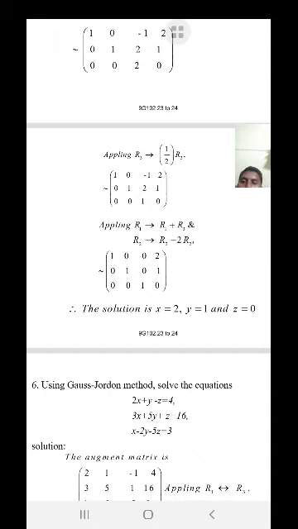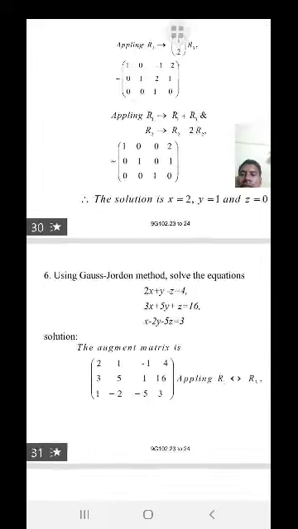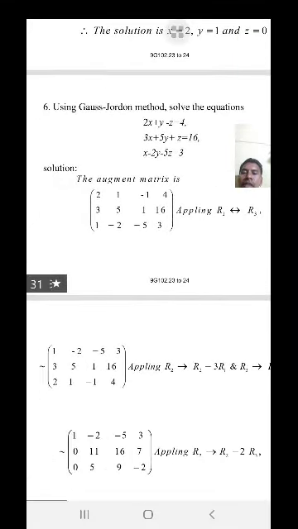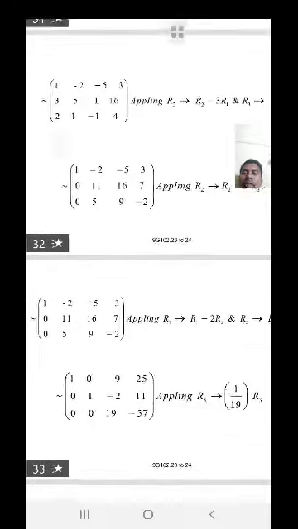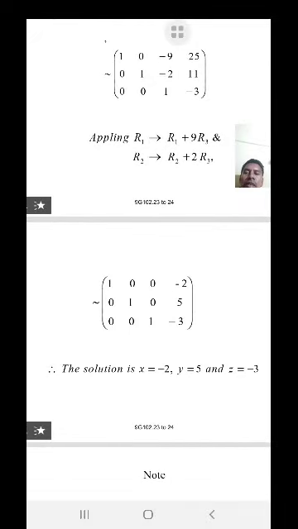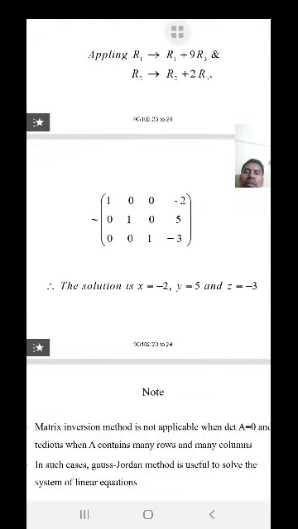So here x equals 2, y equals 1, z equals 0. And similarly, another question is also given, and this is also done in the same way. You can see and observe how the operations are used.